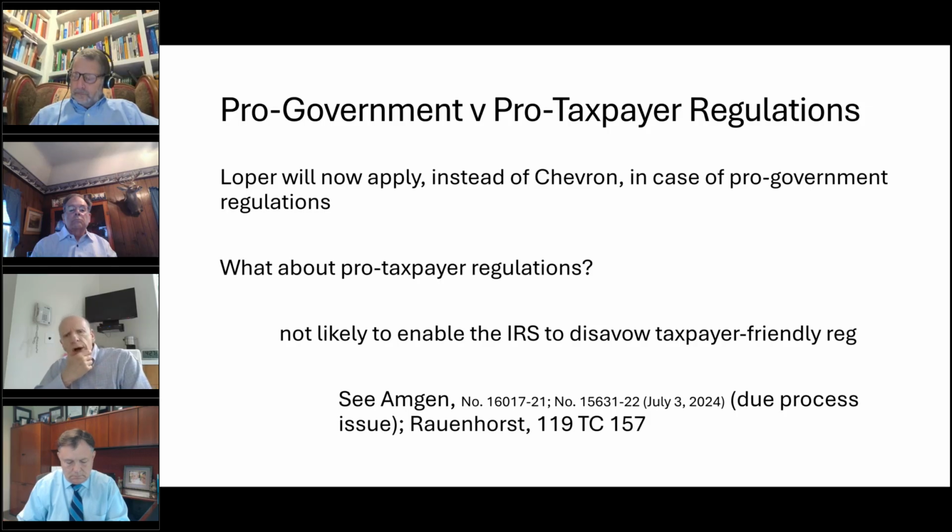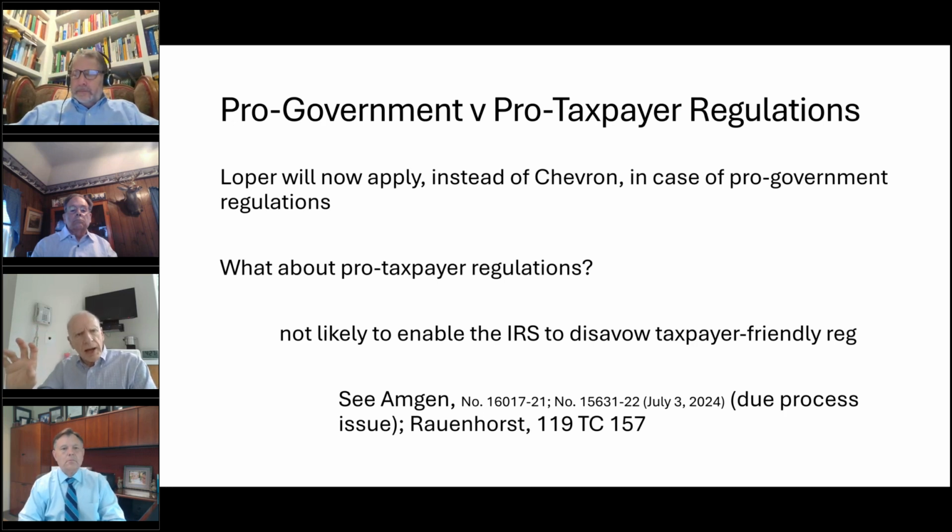Okay, so I've told you now that regulations are what we're dealing with, the validity of regulations. And what I clarify on this slide is that we're dealing with the validity of pro-government regulations. You're faced with a regulation that's against your client, and you want to argue that that regulation is an invalid interpretation of the code.